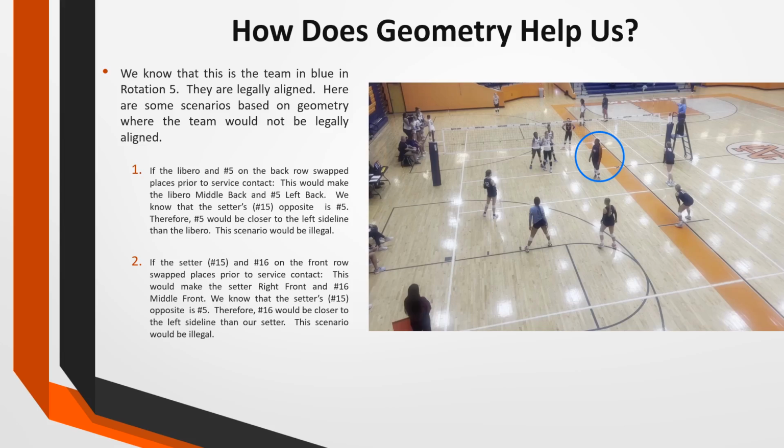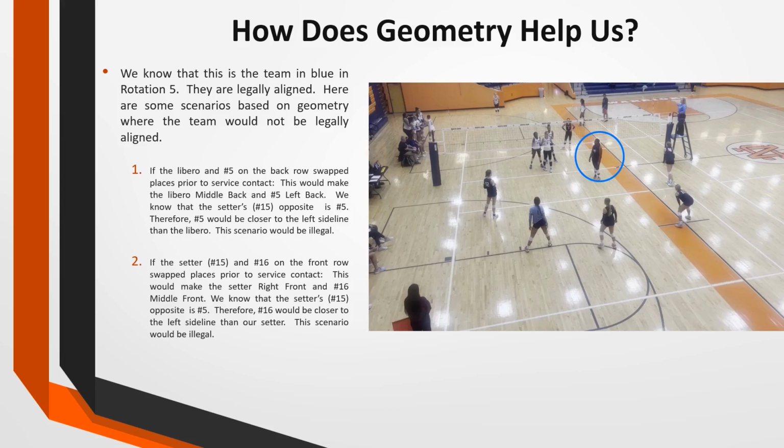This would make your libero middle back and 5 left back. We know that the opposite for our setter is 5. That would put 5 closer to the left sideline than the libero. That's illegal.